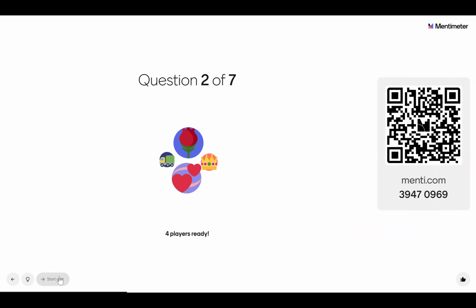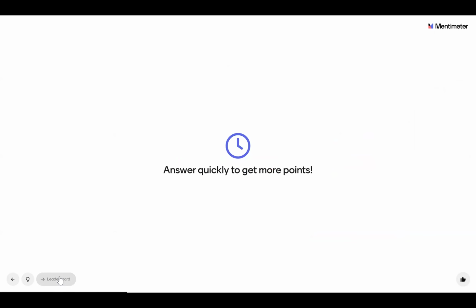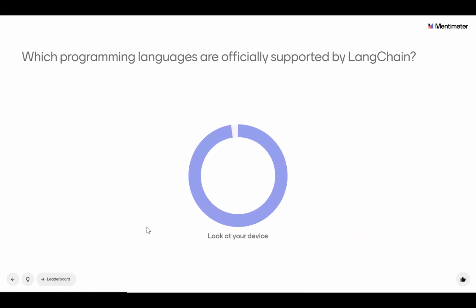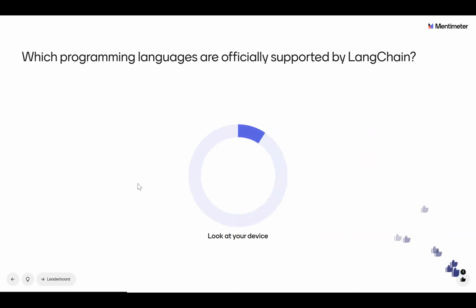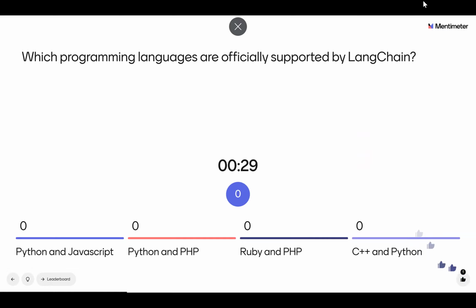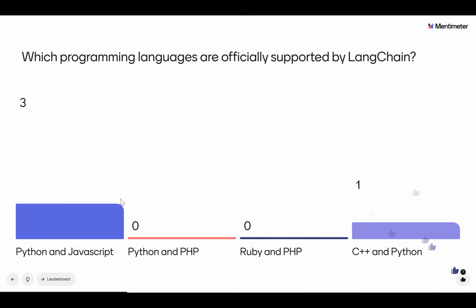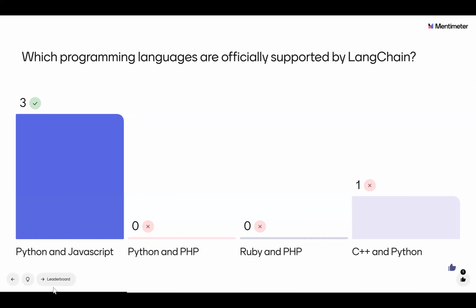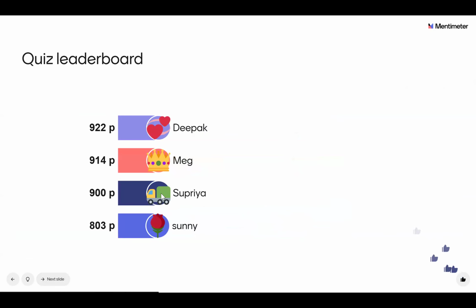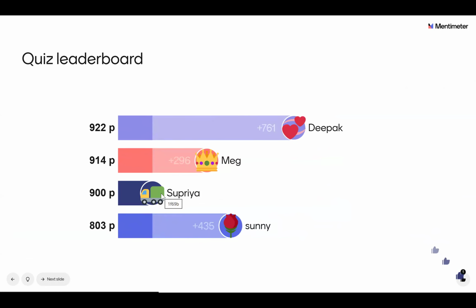Question number two comes on your screen now. Which programming languages are officially supported by LangChain? Is it Python and JavaScript, Python and PHP, Ruby and PHP, or C++ and Python? The correct answer is Python and JavaScript. Let's see who answered it correctly.